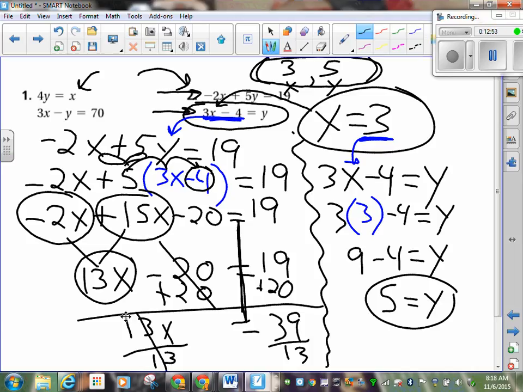So, at the end, if you want to make sure you have the right answer, what do you do? Plug it in, and then it should come out true. Okay? Any questions? Excellent.